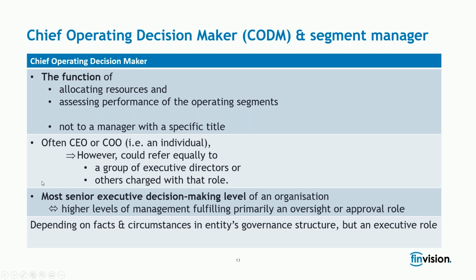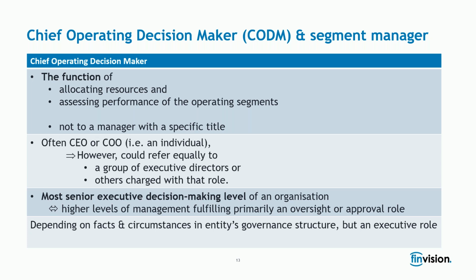So key is it's the most senior executive decision-making level, and it will be important to make the distinction of who is making the decisions and who is having an oversight role, like, for example, non-executive directors, which receive the same information to perform their oversight role, but is not making the decisions.